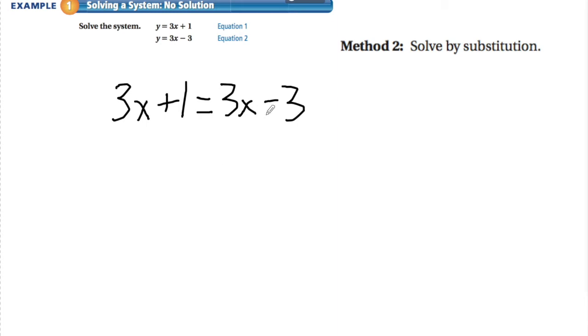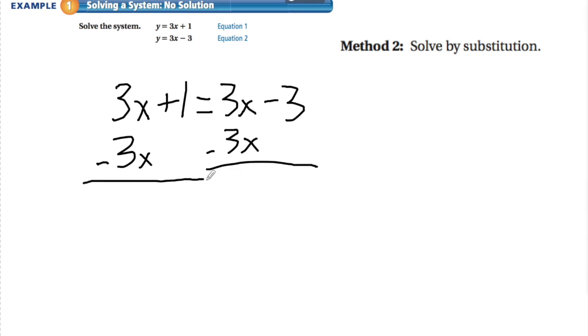Now let's solve for x. So the first thing we have to do to solve for x is get all the x's on one side and everything else on the other side of the equal sign. Subtract 3x from both sides. Now when we do this, 3x minus 3x is equal to 0. Bring down the plus 1, which is equal to 0 minus 3.